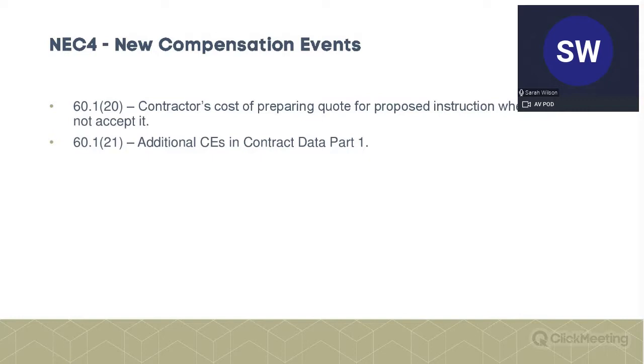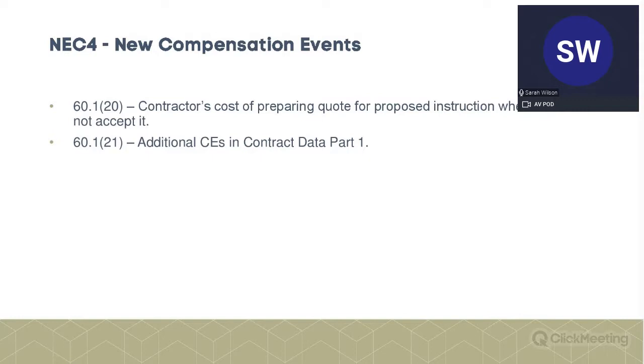So if the project manager does accept it, then it's as per the usual. So for A and B, the cost of preparing the quote is deemed to be included in your fee percentage. But for options C, D, and E, you are allowed to claim that cost of preparation within your costings.